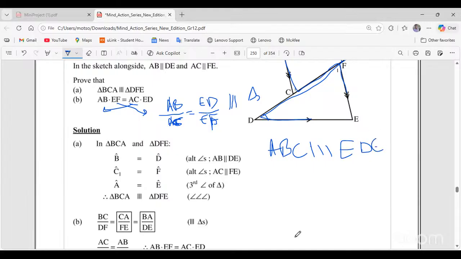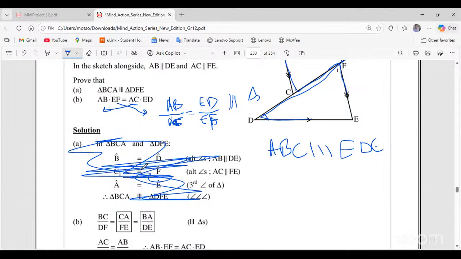So now you see that if you were not given or asked the previous question, and you are just asked this one, you can just use this information to form these triangles and prove the similarity here.